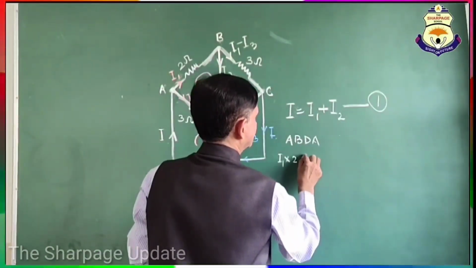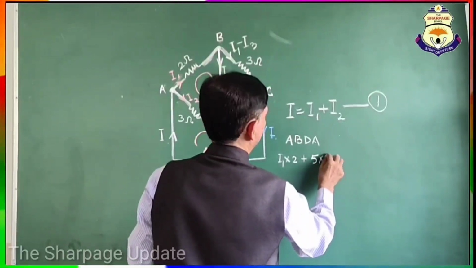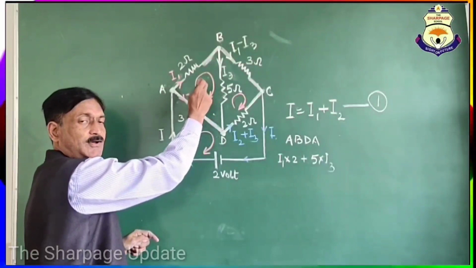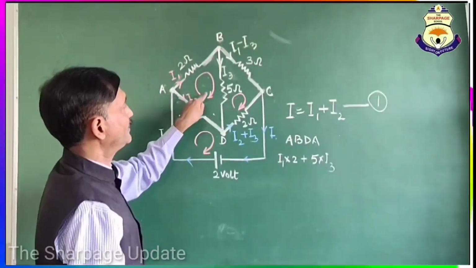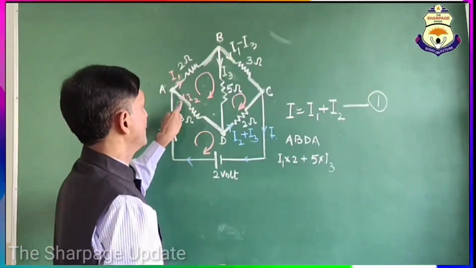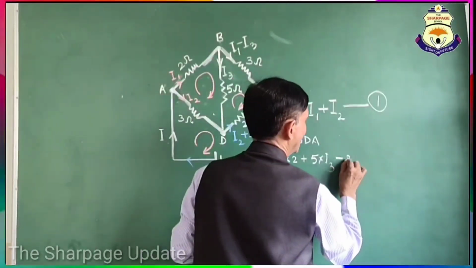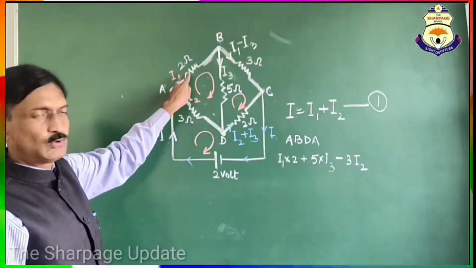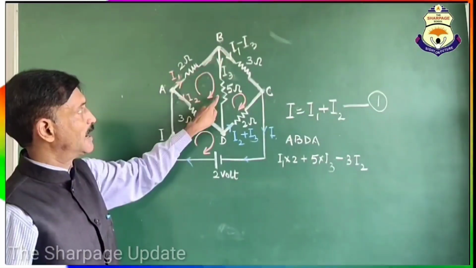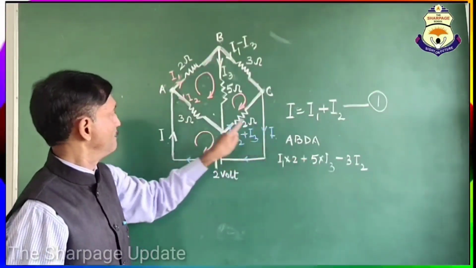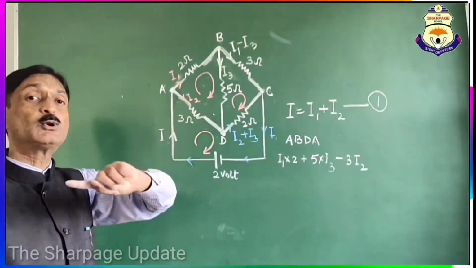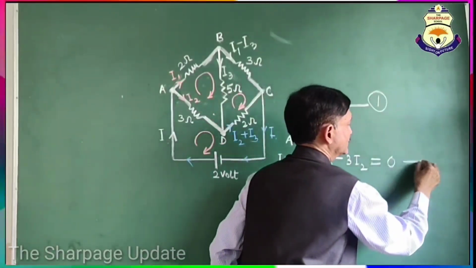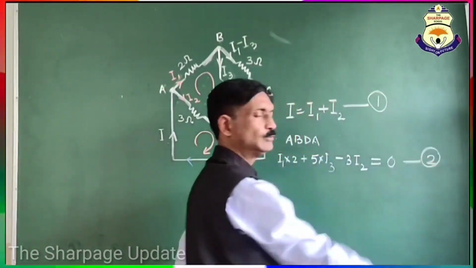Now plus 5 into I3, because I3 is flowing in the direction of this current, but I2 is flowing in the opposite direction, so minus 3 I2. So 2 I1 plus 5 I3 minus 3 I2, but there is no EMF, so equal to 0. This is equation number 2.